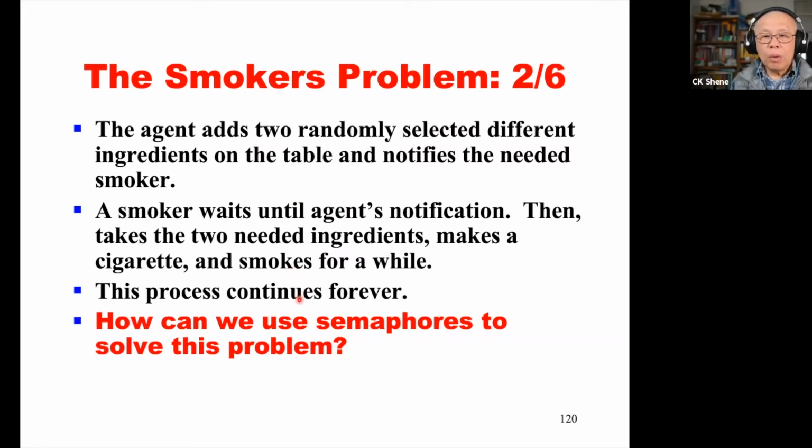So this process continues forever. How can we use semaphores to solve this problem? I'm sure many of you would be able to solve this problem in just minutes because this problem is so simple. So please pause for a while and think about how you would solve it.